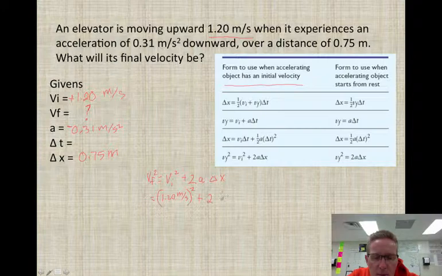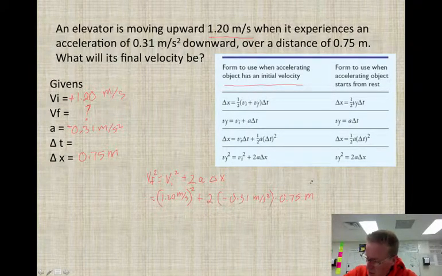So 2 times our negative 0.31 meters per second squared times 0.75 meters.